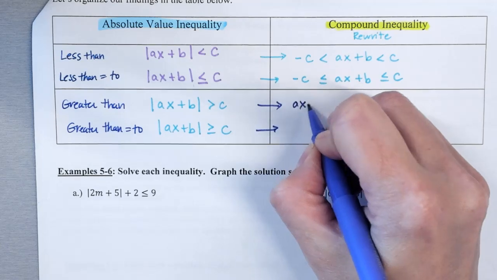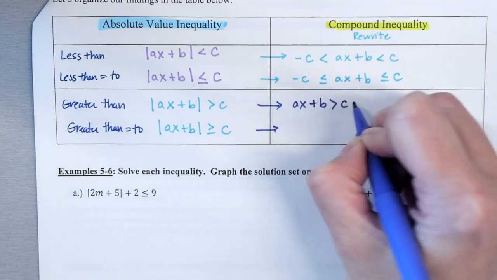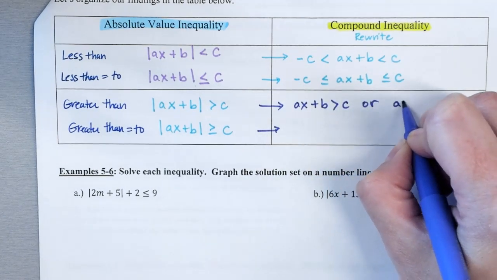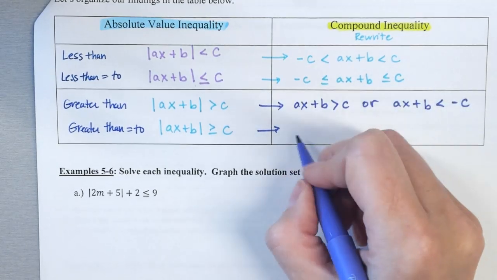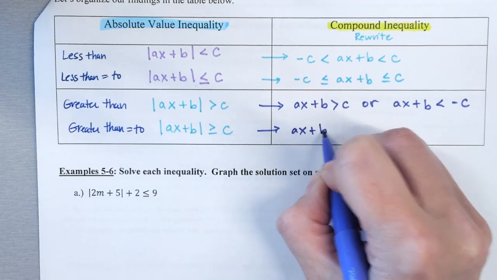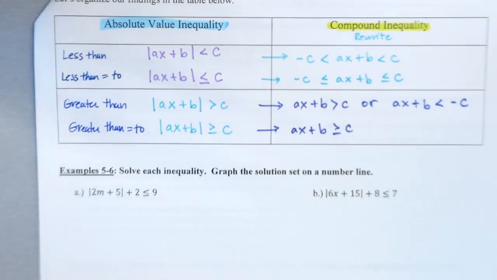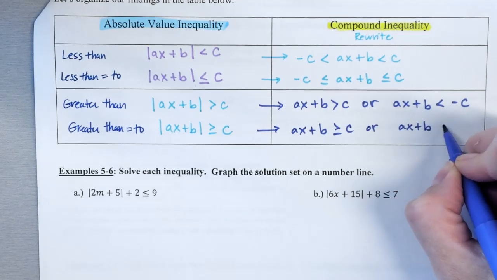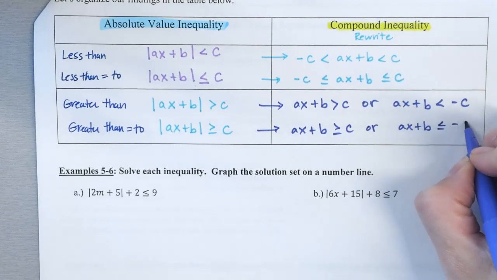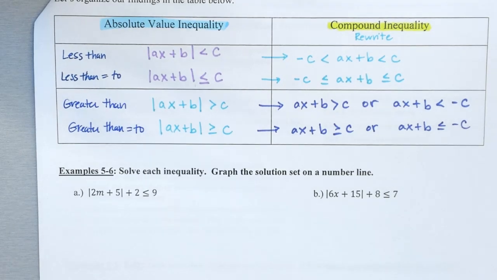So you either are going to write AX plus B is greater than C, or AX plus B is less than the opposite. Okay, so it's always greater than or greater than or equal to the original, or you do the flip and you do the opposite.